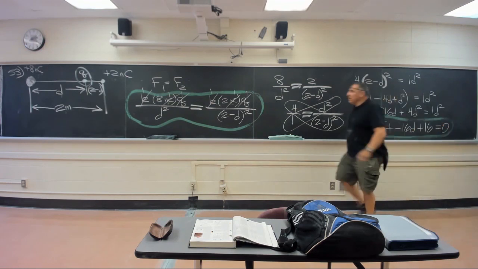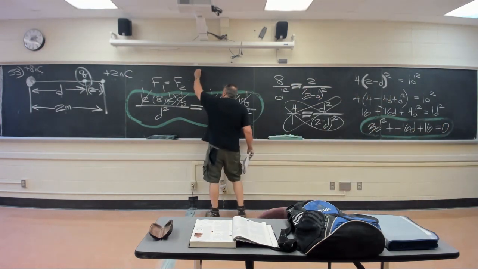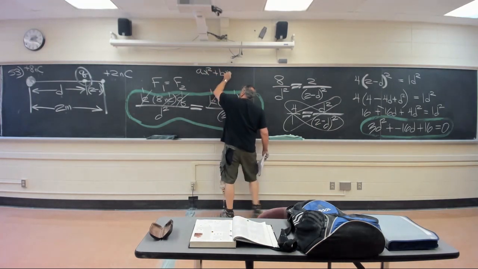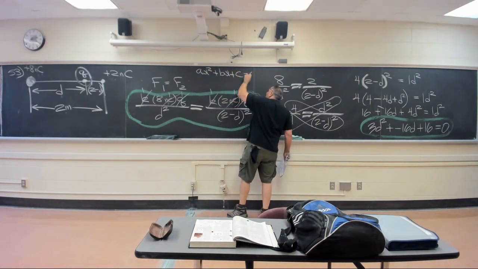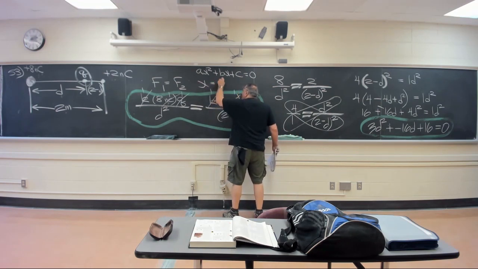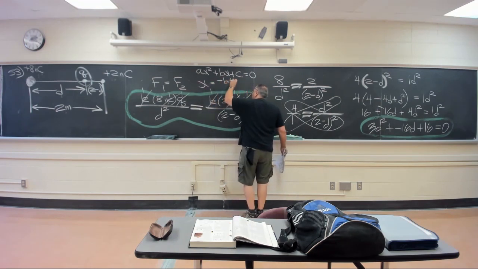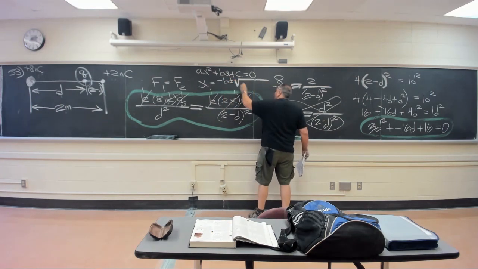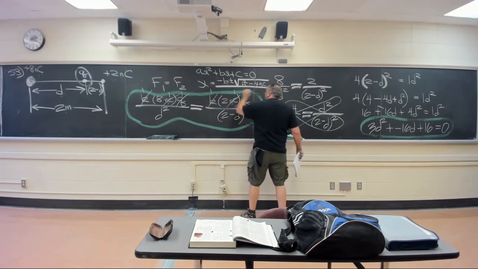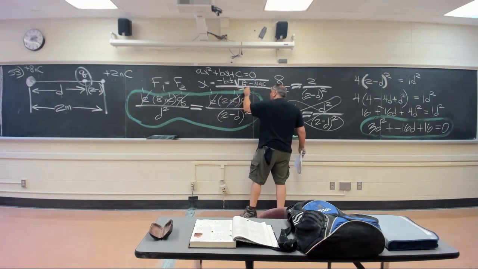We know that ax squared plus bx plus c equals 0. X equals the opposite of b plus or minus the square root of the entire quantity, b squared minus 4ac. The entire quantity on top, including the negative b, is divided by 2a.